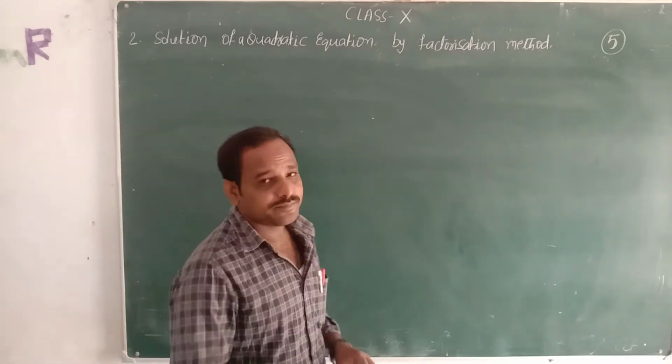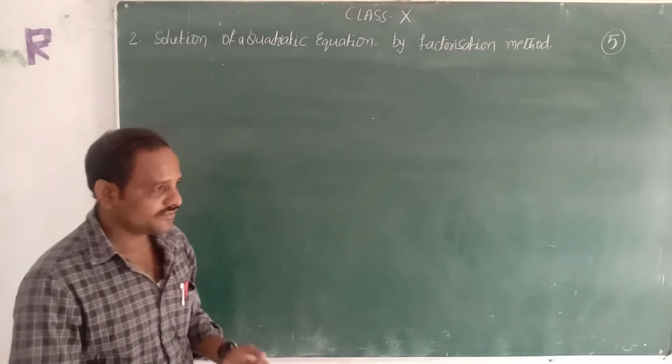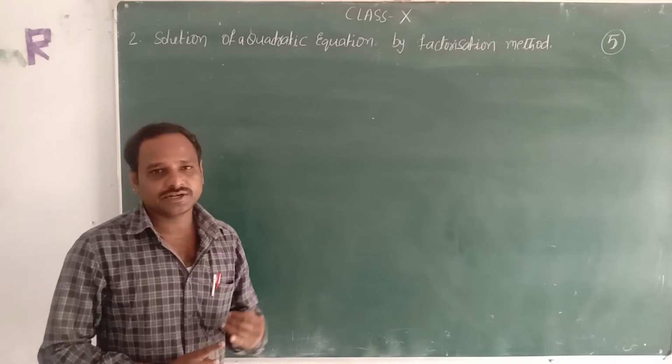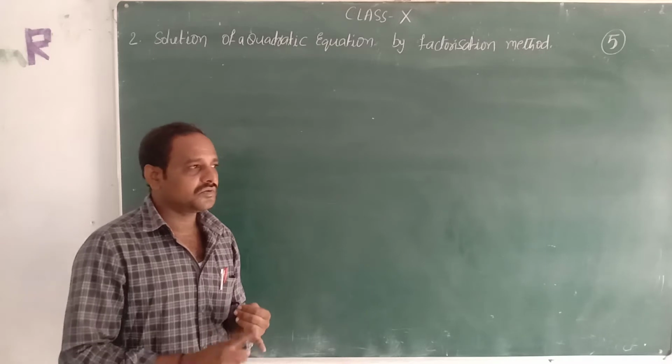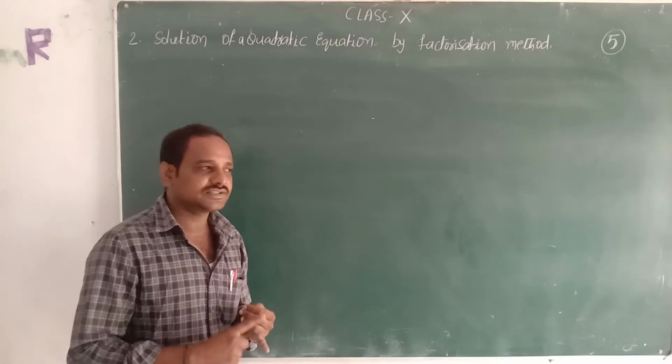In the chapter quadratic equations, we already completed the first concept, quadratic equations. In that, we completed four types of problems. Am I right? What are those? First one is checking whether the given equation is a quadratic equation or not.